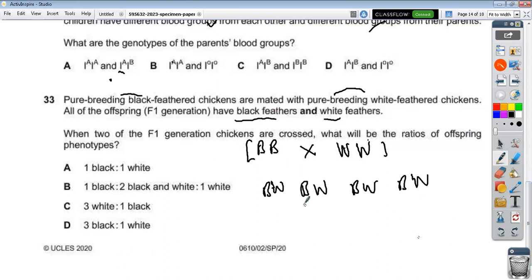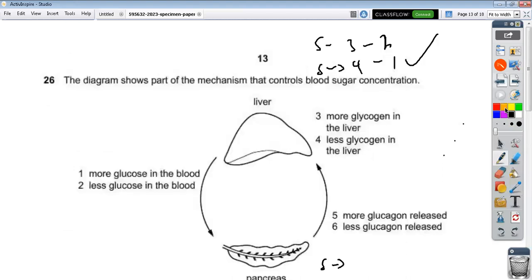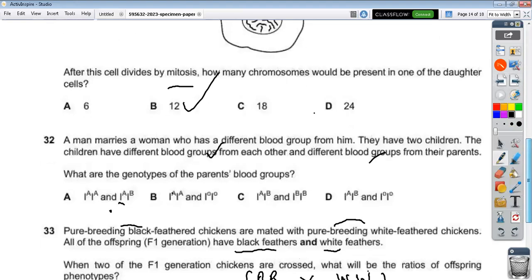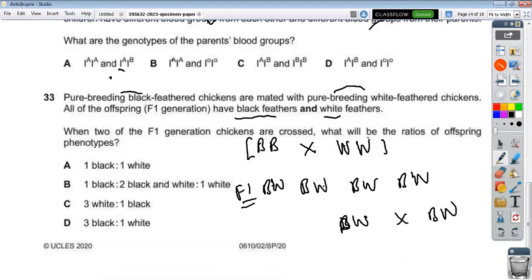Now we are crossing. So we are taking two from this, the F1 that they're talking about. So we are simply doing this. Clear now. So let's cross that. What do you produce? Let's cross that together. BB.